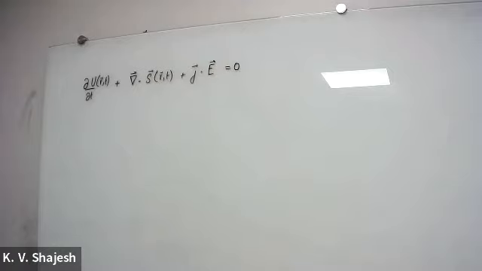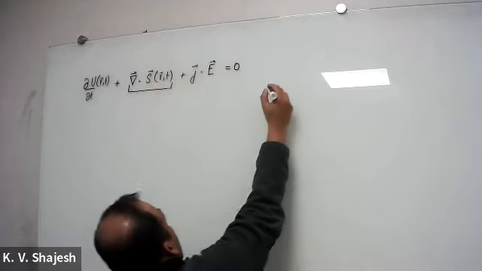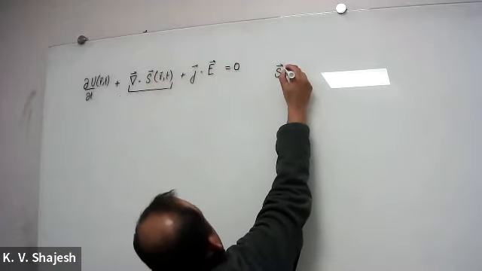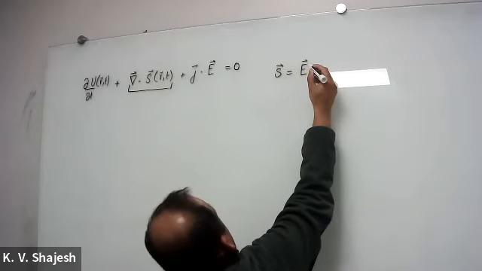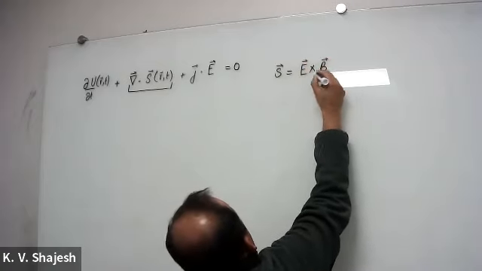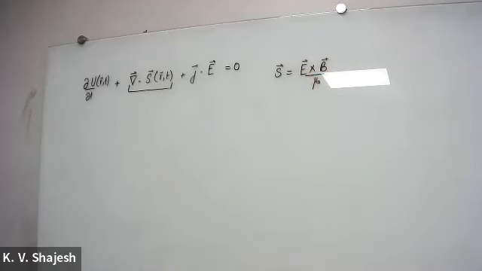We are interested in this piece, where S now is E cross B over mu naught. That's your Poynting vector.